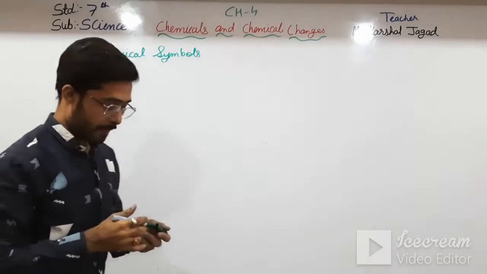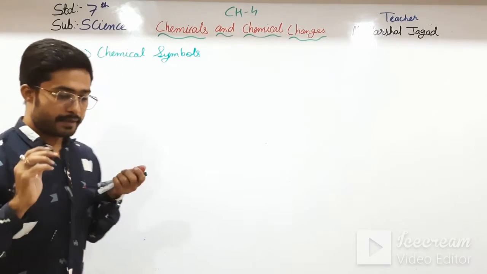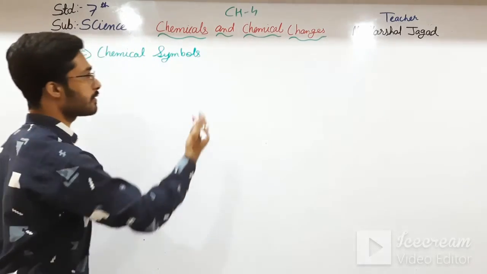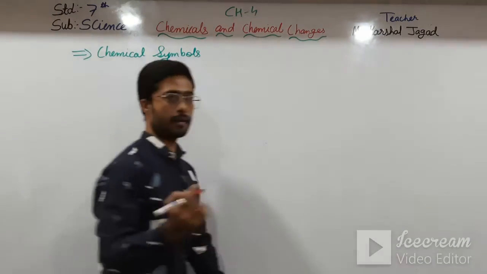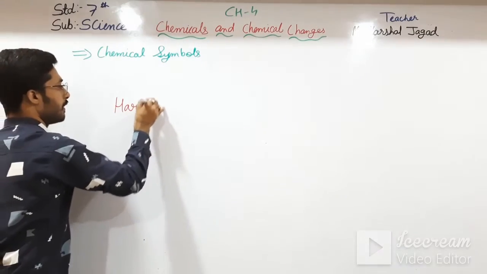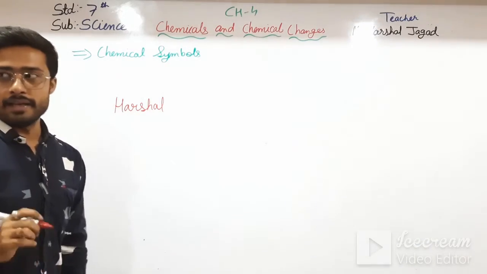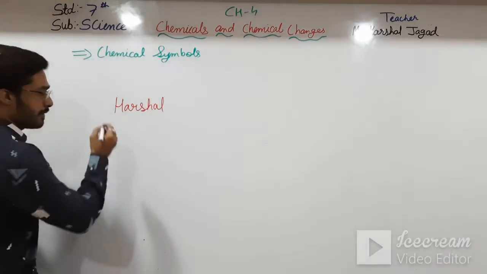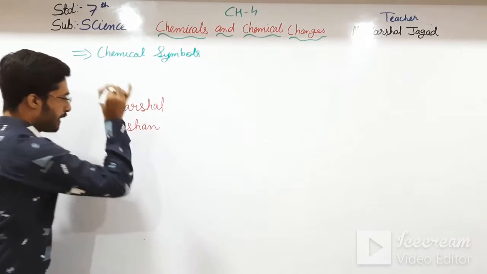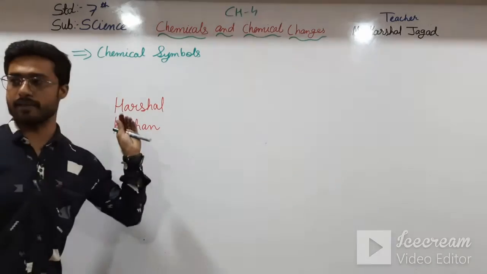Okay, students. So, first of all, what are chemical symbols? If I say my name is Harshal, it is written over here. And our PT sir's name is Kishan. So this is Harshal and this is Kishan sir.